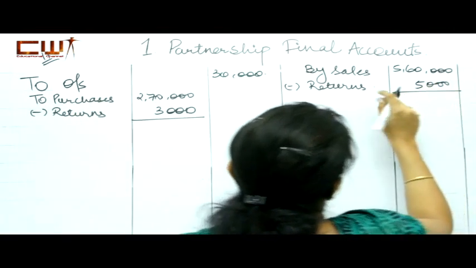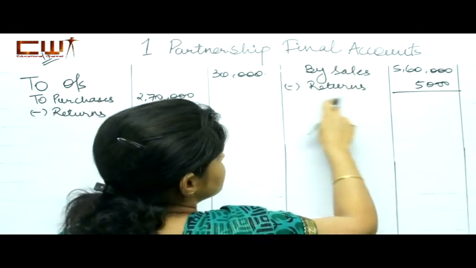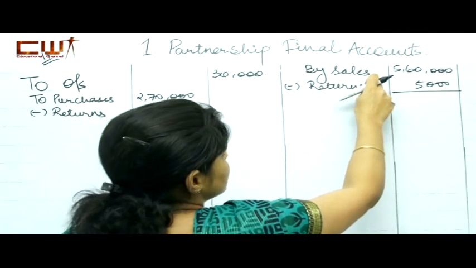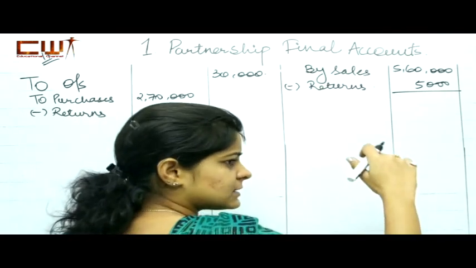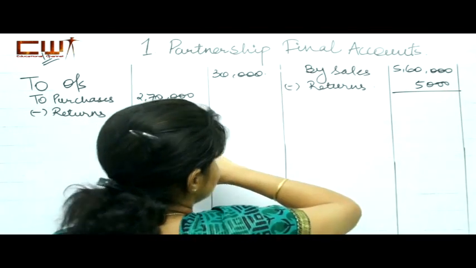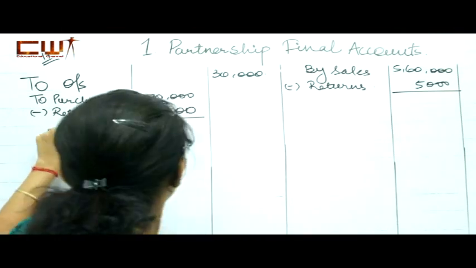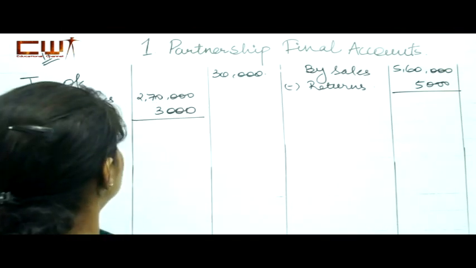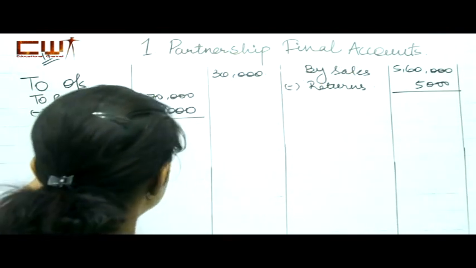So that will be subtracted because it is a debit item, you are writing on the credit side, so you subtract it. If it is a debit item, you are writing on debit side, means debit side is increasing. And if it is a credit item, you are writing on the debit side. See, returns is a credit item, 3,000 is written on the credit side, but you are writing it on the debit side. Means what? This is debit, this is credit, means that is why you subtract it.